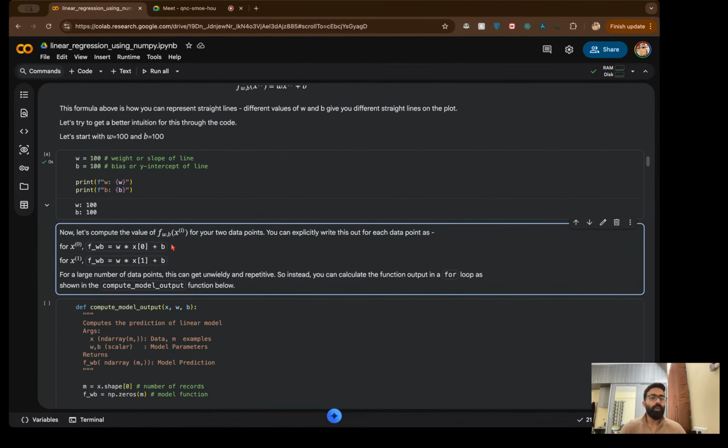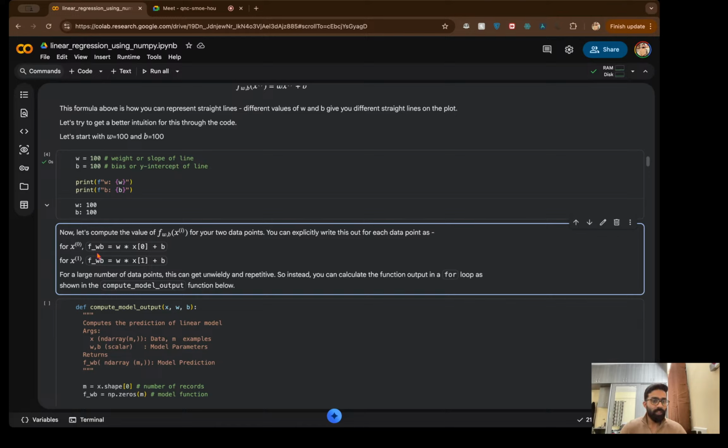Now let's compute the value of f_wb(x_i) for your two data points. You can explicitly write this out for each data point: for x0, f_wb is equal to w times x0 plus b. Here what does it mean?